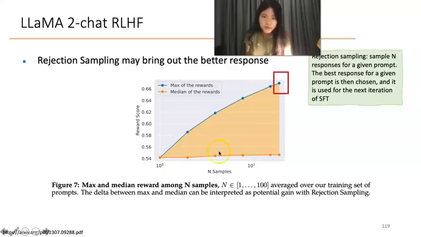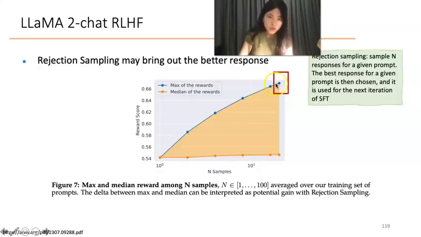The idea is that when you sample more from the same prompt, this orange area indicates the potential gain with rejection sampling.